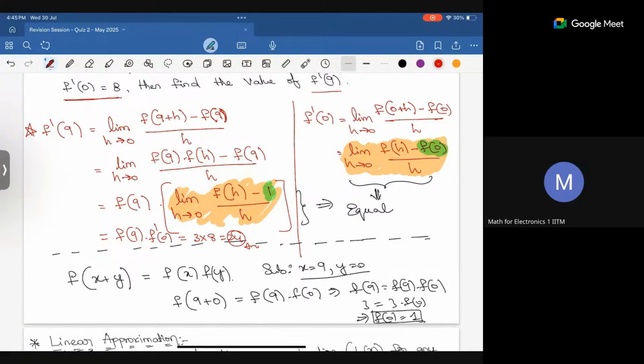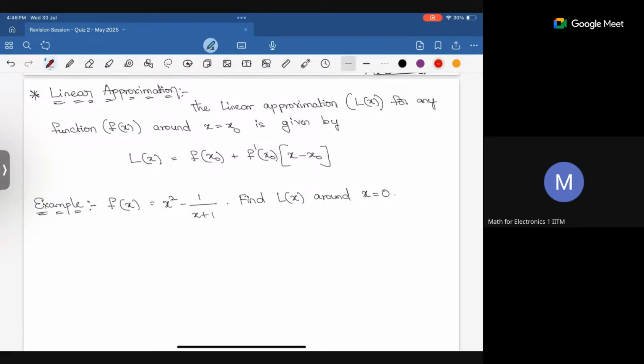And we wrote the definition for f prime of 9. And then we arrived at this expression. And then we involved this f prime of 0, and we also found f of 0. And we have used all of them to see that f prime of 9 is nothing but f of 9 into f prime of 0.